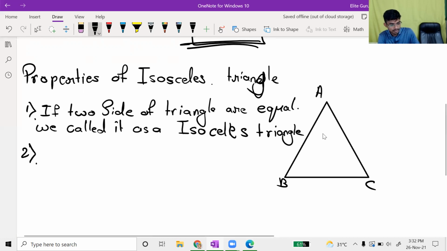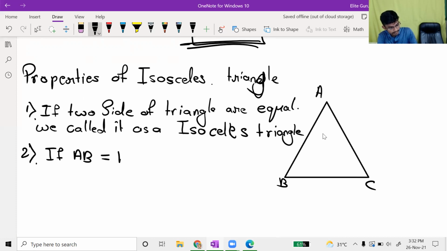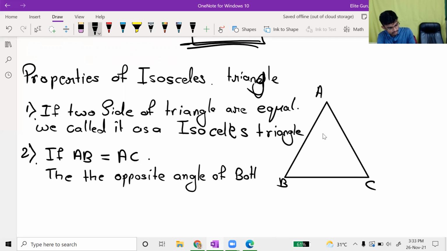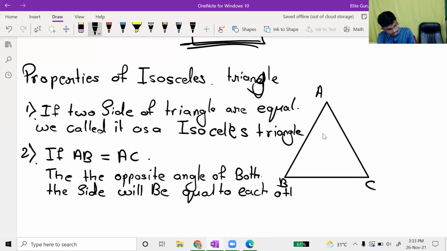The second point, if AB is equal to AC, then the opposite angle of both the sides will be equal to each other.